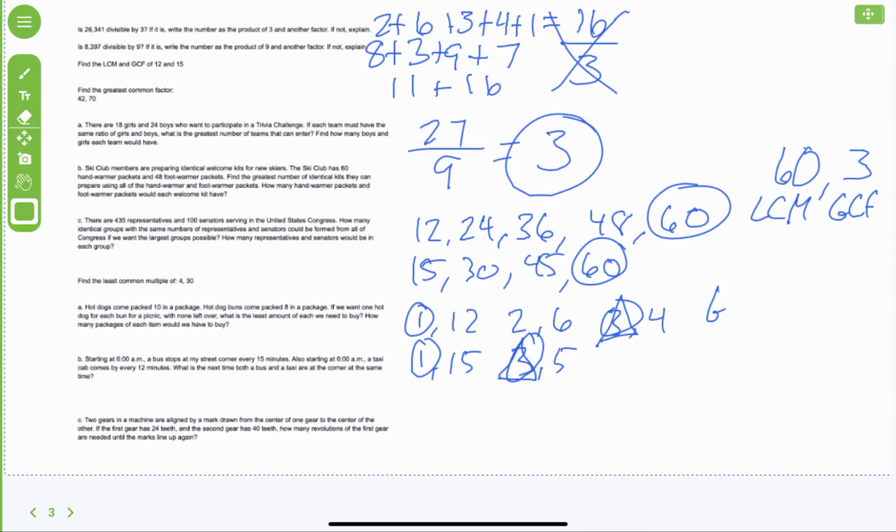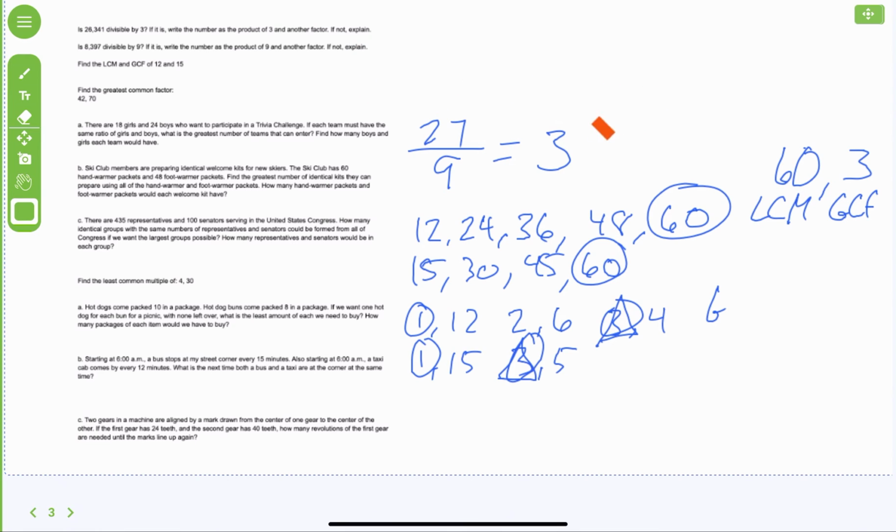Now we got to be, oh wait, we still have one more. Find the greatest common factor. So we're going to do the factors of 42 and 70. Let me erase these. All right.